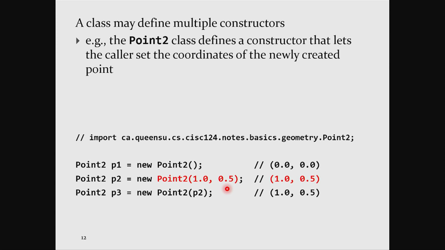So you can imagine that the point2 class supplies a constructor that lets the caller set the coordinates of the point. That seems like a sensible thing to do if you're the creator of the point2 class. So it defines a two argument constructor, in this case a constructor that has two doubles, that lets the caller set the initial coordinates of the point.